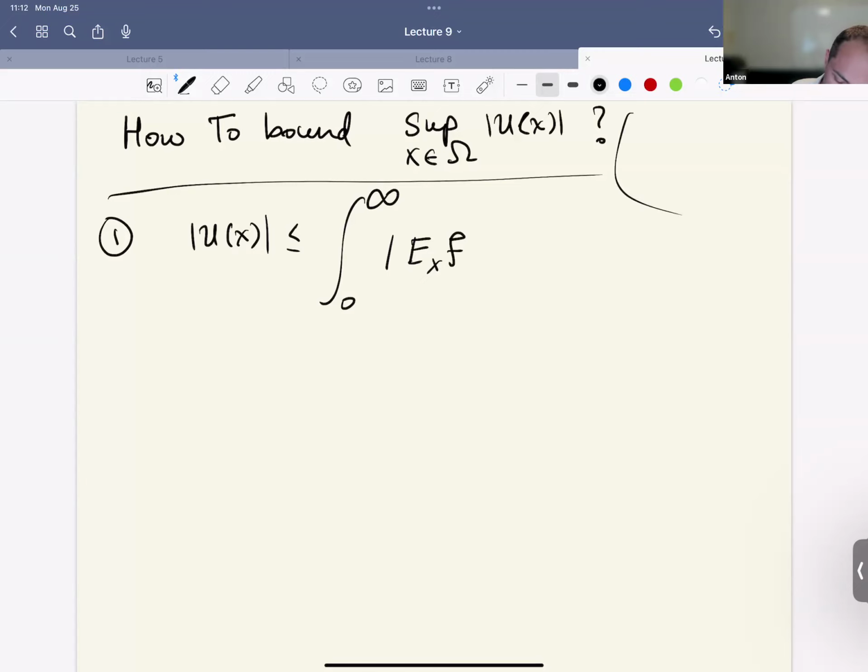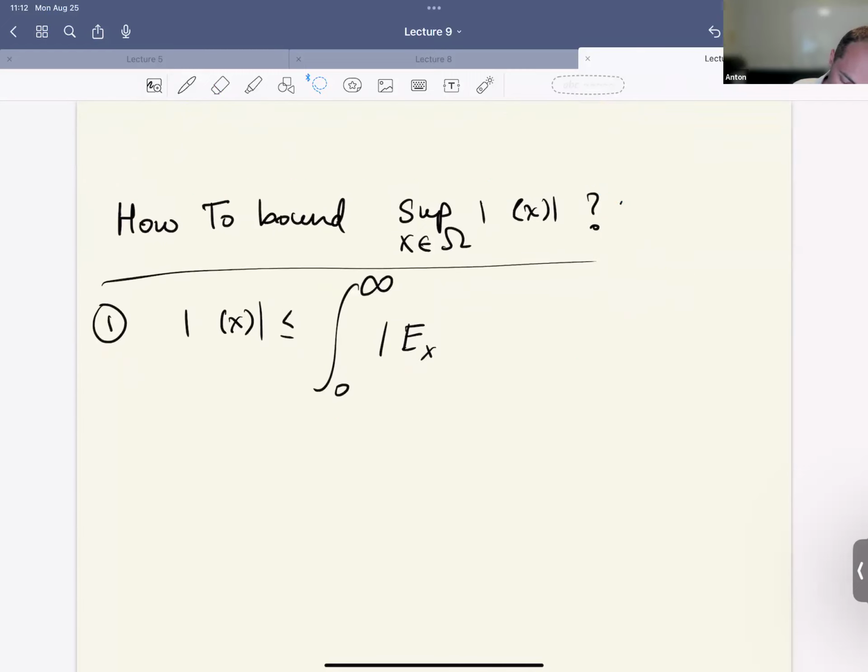So remember, test function f of x. You know what? No, let me switch back to our original notation, because I want to start departing from that result I just stated. How to bound f sub h of x. Back to our typical notation.